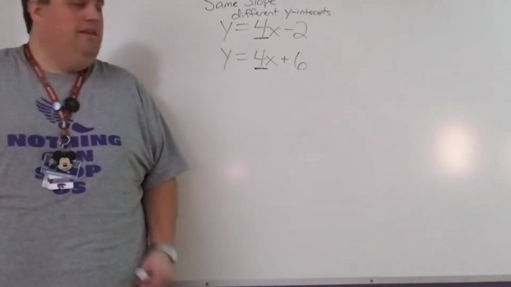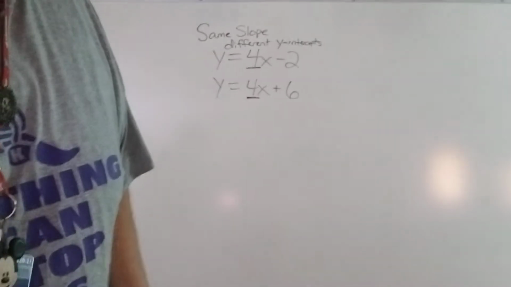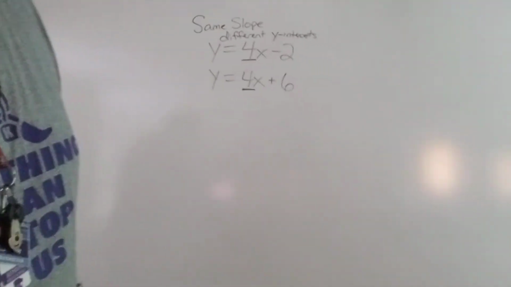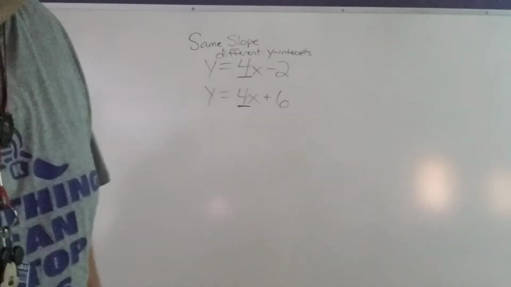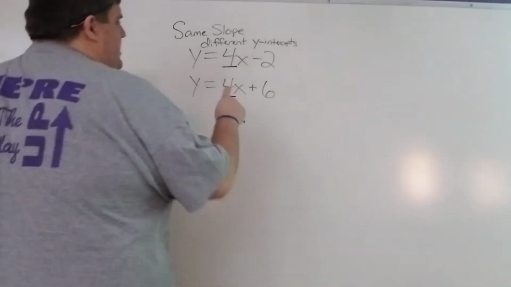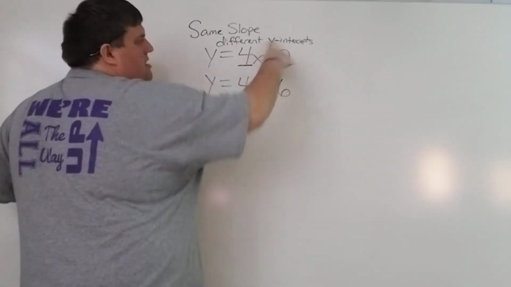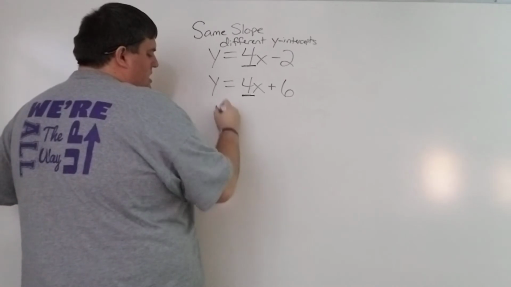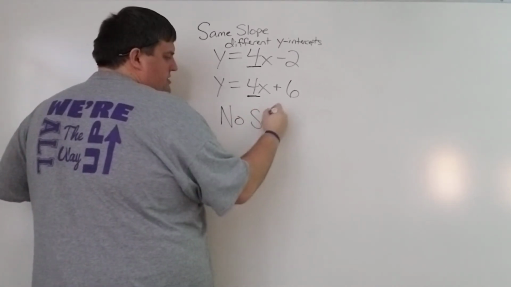Where are these two lines going to cross? Well, in this case in particular, they are not going to cross. So if we see the same slope but different y-intercepts, this is going to be our no solution case.